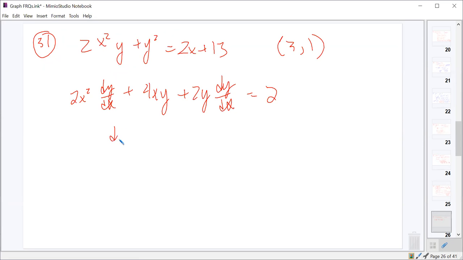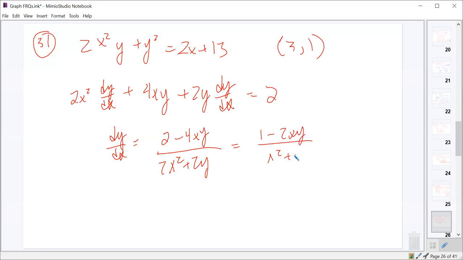And then we're going to solve for dy/dx. So dy/dx ought to be (2 minus 4xy) divided by (2x squared plus 2y). Here, subtract the 4xy first, then factor out the dy/dx and divide by what's left. If we want to, we can make that (1 minus 2xy) over (x squared plus y), just to make life a little easier with the arithmetic.